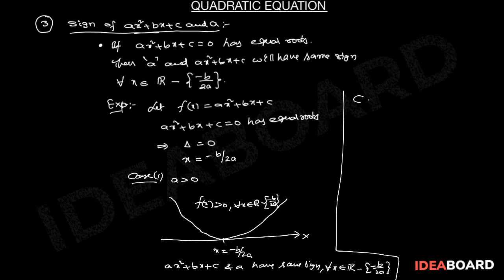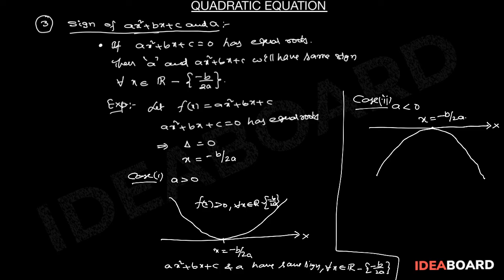Case 2, a is less than 0, the curve below the x-axis touches the x-axis at only one point. That point is the root of the equation f of x equal to 0, that is x equal to minus b by 2a.